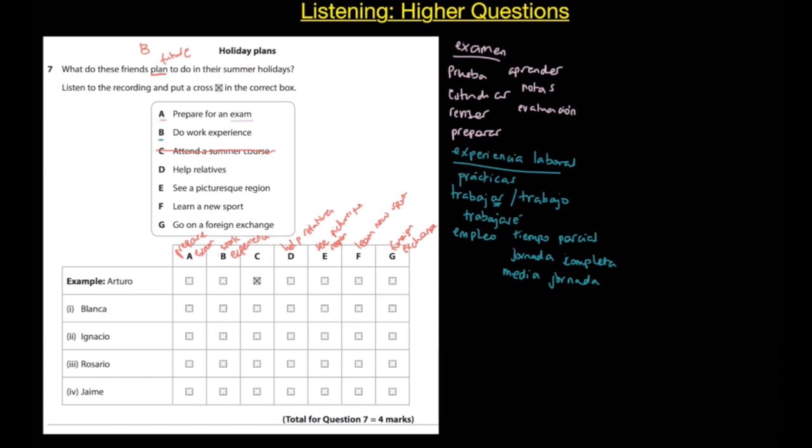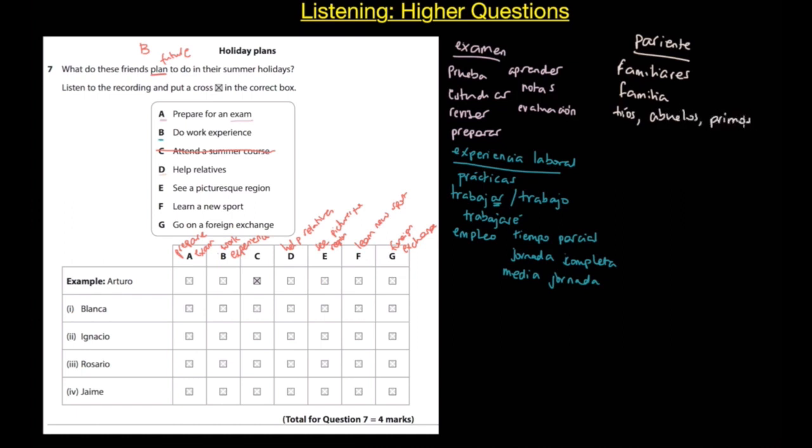Help relatives. Okay, first of all, I need to remember the word relative is generally speaking pariente. I could also have familiares or la familia. I could hear rather than relatives, the names of the actual relatives, not Pedro or Maria, but words like tíos, abuelos, primos.